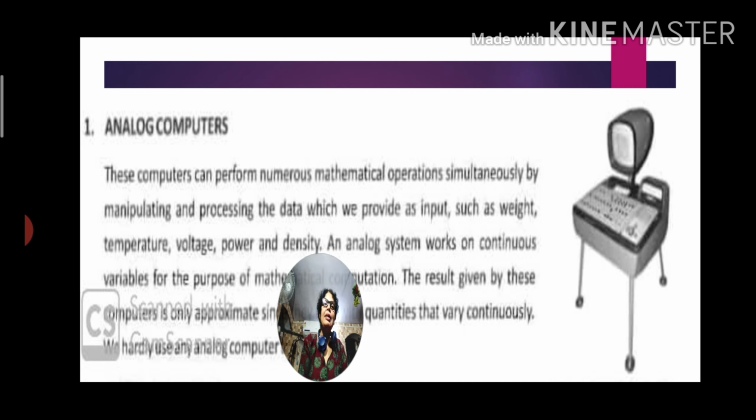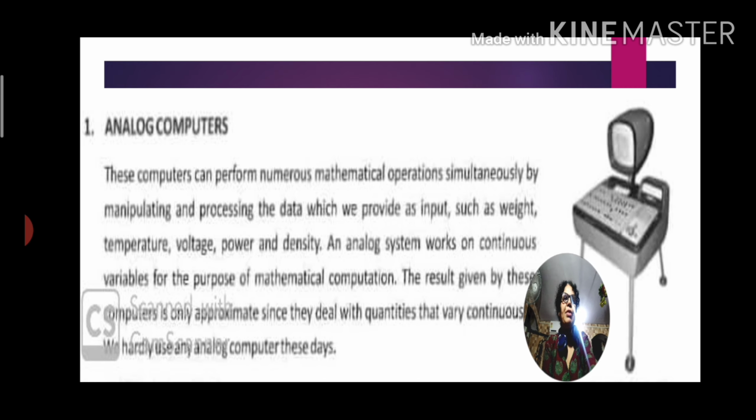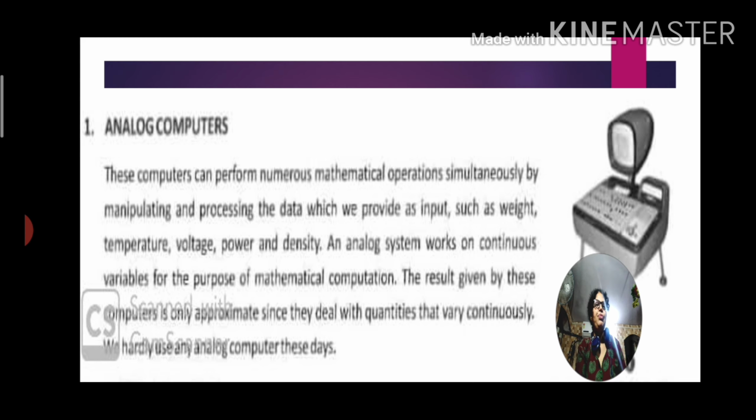We provide the data in analog form such as weight, temperature, voltage, power and density. An analog system works on continuous variables for the purpose of mathematical computation. The result given by these computers is only approximate.